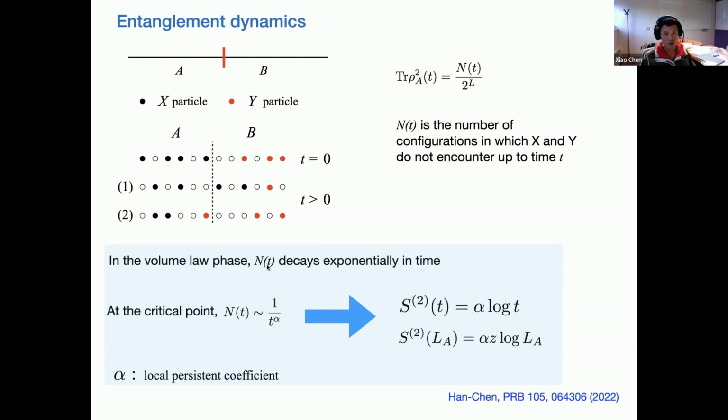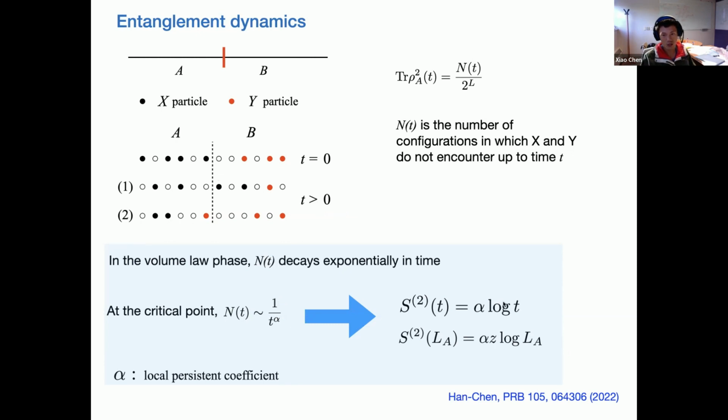In the volume-law phase, this number decreases exponentially in time, which leads to the linear growth of entanglement and is also responsible for the volume-law scaling of the entanglement. At the critical point, the fraction of configurations in which X and Y do not encounter up to time t will decrease as a polynomial function.